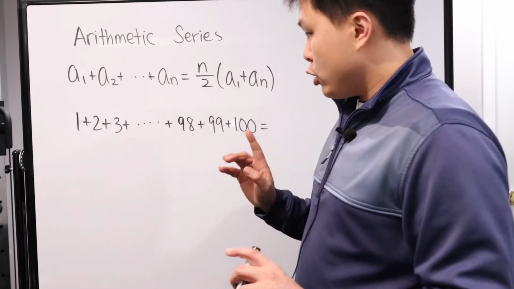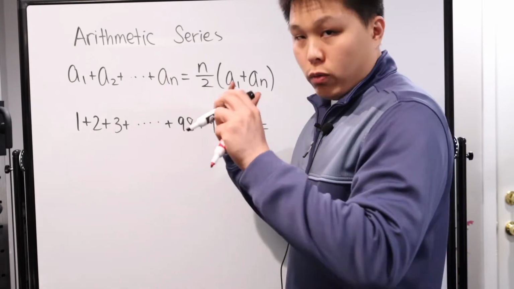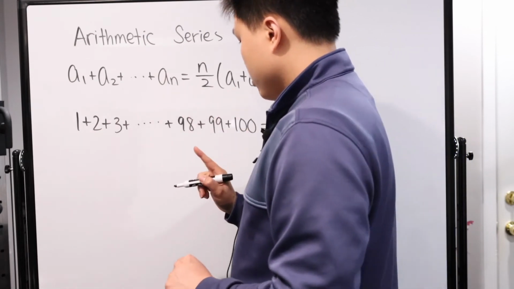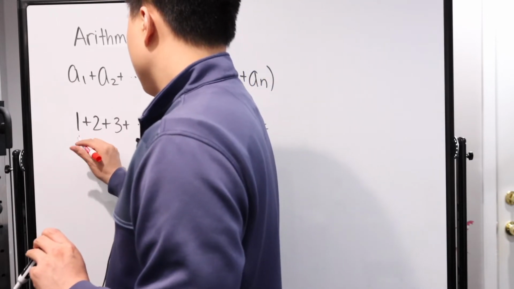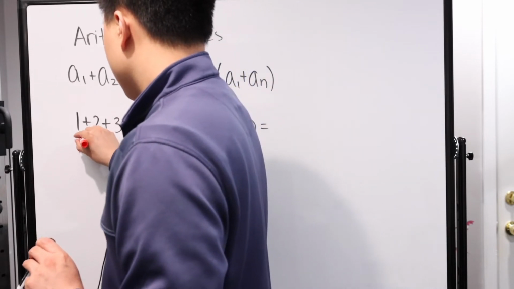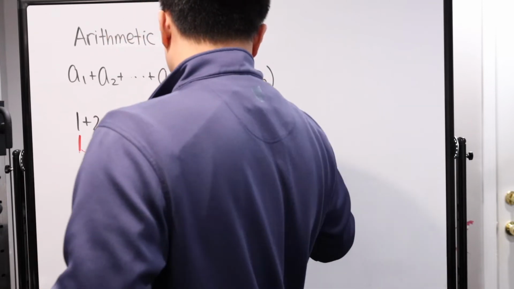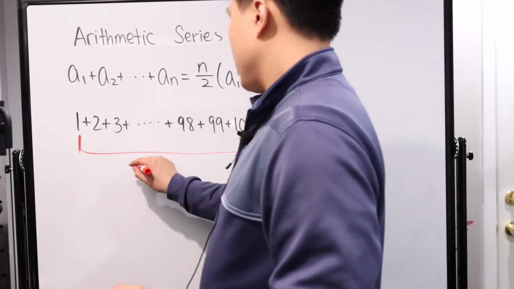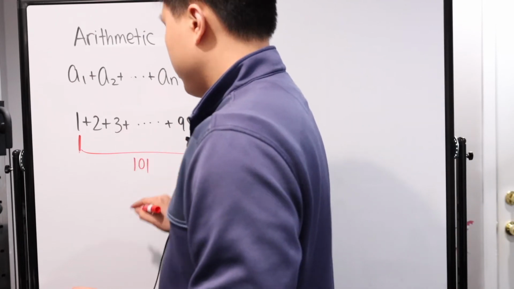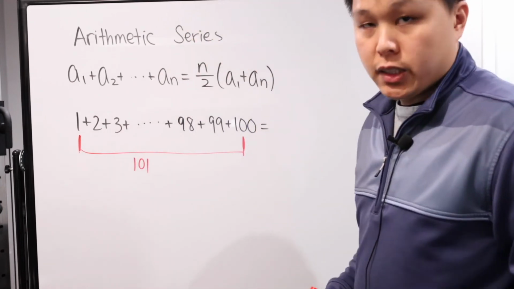Well, basically, it's using this reasoning. What we're going to notice is that when you add the first term, which is 1, and the last term, 100, 1 plus 100 is 101. Cool. Doesn't help that much.